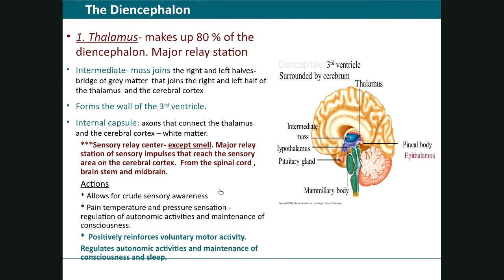Some of the general actions of the thalamus is allowing for crude sensory awareness, sensation of pain, temperature, pressure. So it helps reinforce voluntary motor activity and regulates some of our autonomic activity.